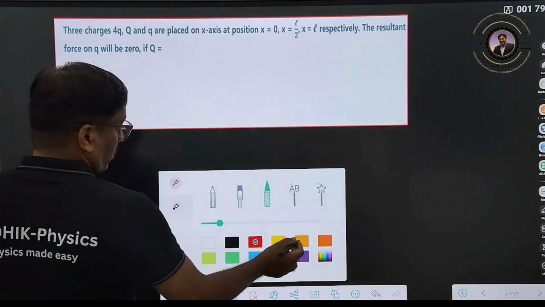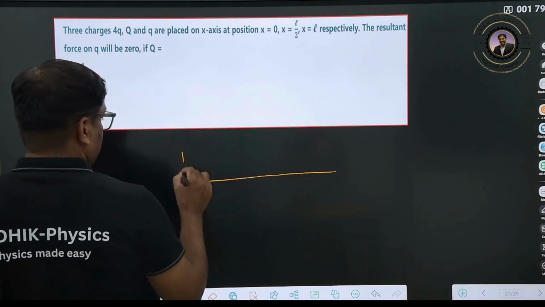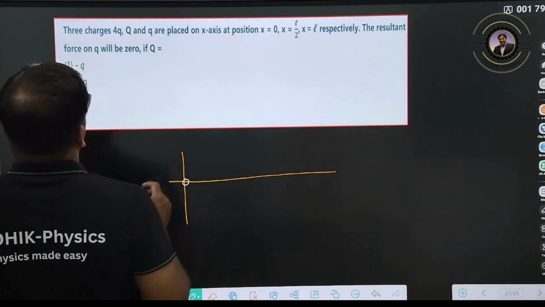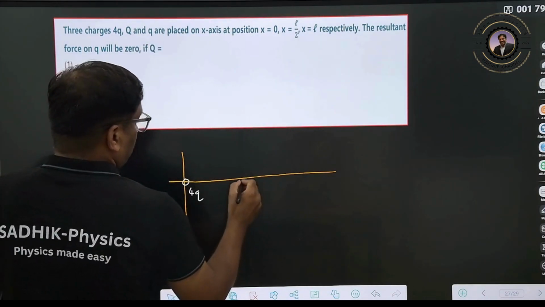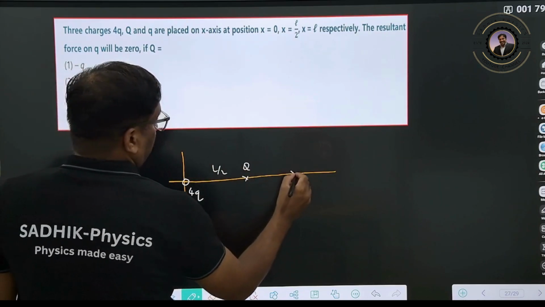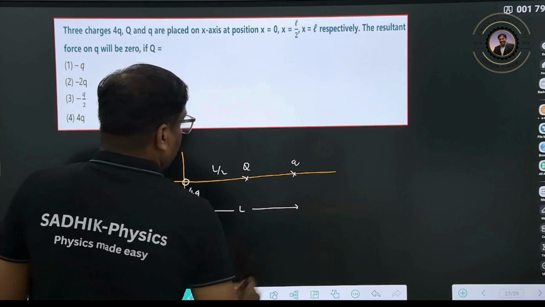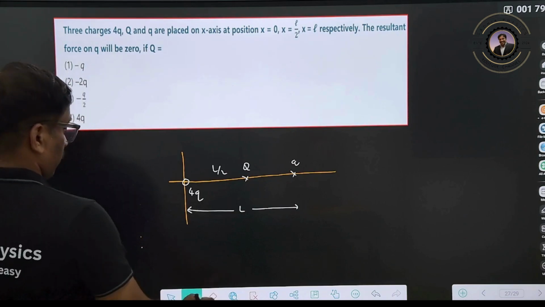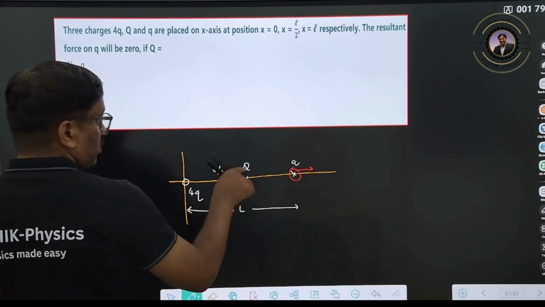Therefore 4Q is at a distance, and Q is at L by 2 distance, so this distance is L. Now the force on small q will be 0, that means upon this charge, no force.